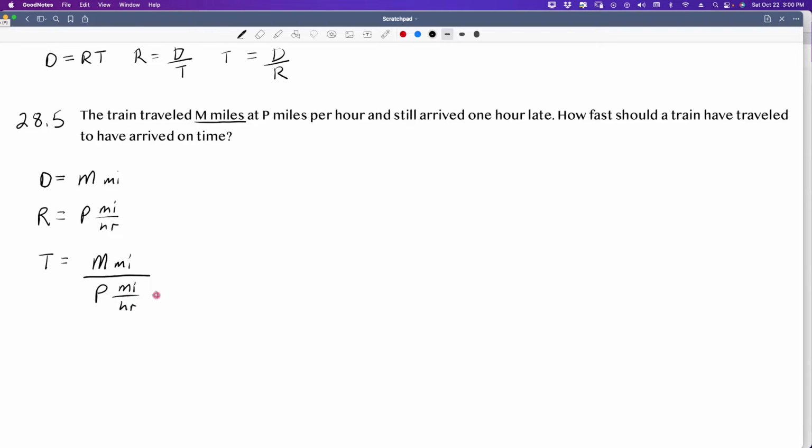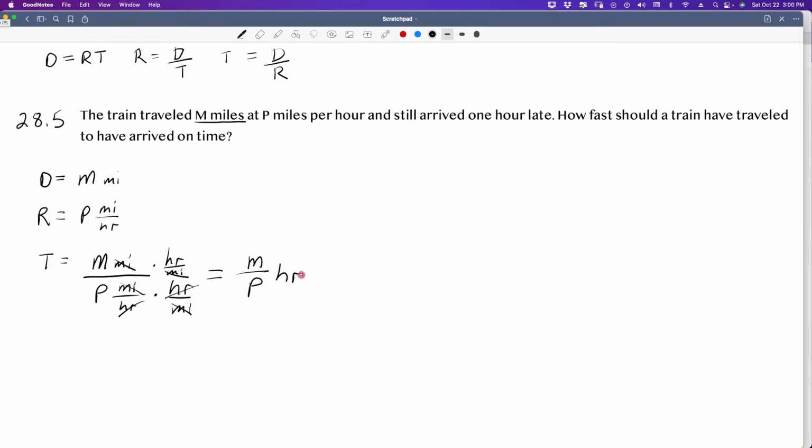So we're going to multiply by the reciprocal, hours per miles here, and hours per miles here, because it's the reciprocal of this. The miles here would cancel. This cancels this. This cancels this. So that is equal to m over p hours.